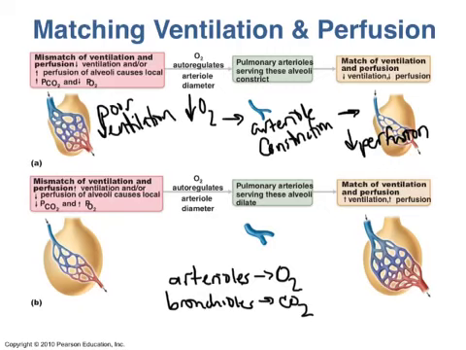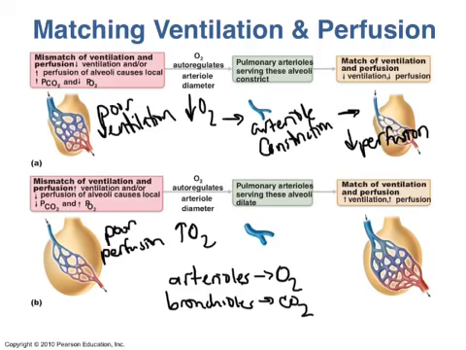In scenario B, the second one, let's say the problem isn't with ventilation, the problem is with perfusion. So you have poor perfusion. If you have poor perfusion, you're going to get an accumulation of oxygen in the alveolus because that oxygen isn't going to be carried away by the blood.